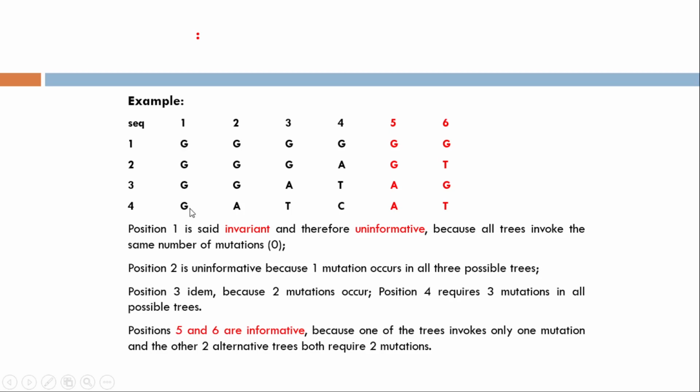Now the condition number two. The condition number two says that both the bases should be repeated at least twice. Let me repeat the concept. Number one, to be called an informative site, in any particular column, at least two types of bases should be there.